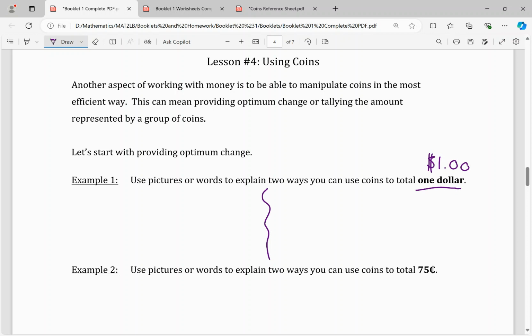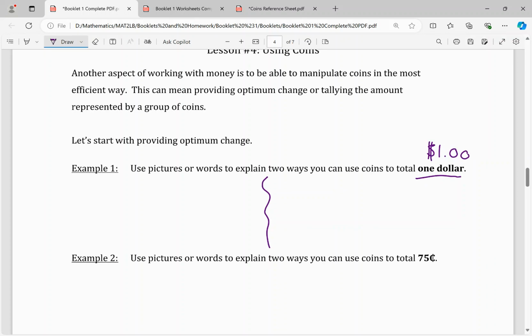A loonie itself is worth $1. So I'm just going to, as a visual, draw a circle with a $1 symbol in it. Some students might prefer to have a circle with an L in it to represent a loonie. Both work, but I'm going to do that. A single loonie will give us $1.